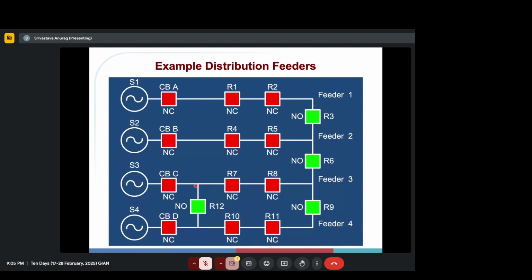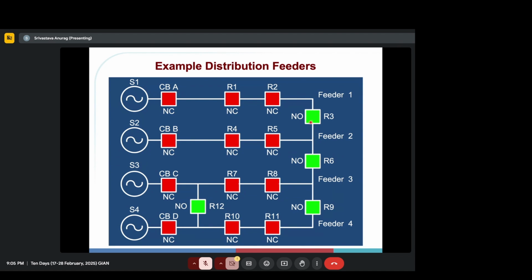And then we also have another one normally open, which is green, meaning it's open, it's not hot. And this will help to configure the system in multiple different ways. If the fault happens here, let's say here, then we can open this and connect this part into here.